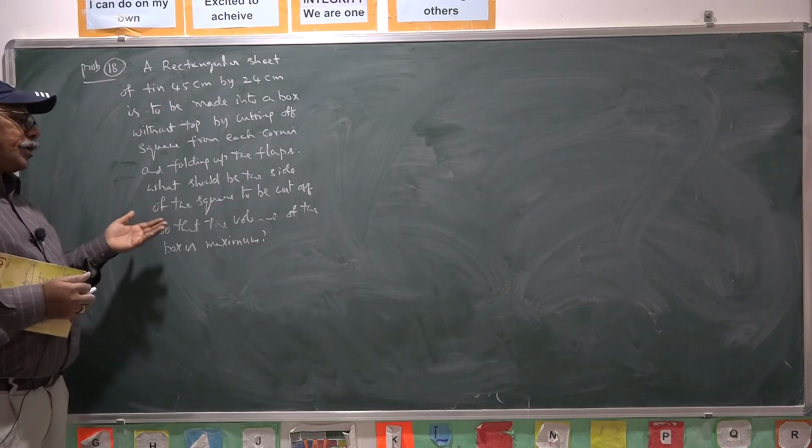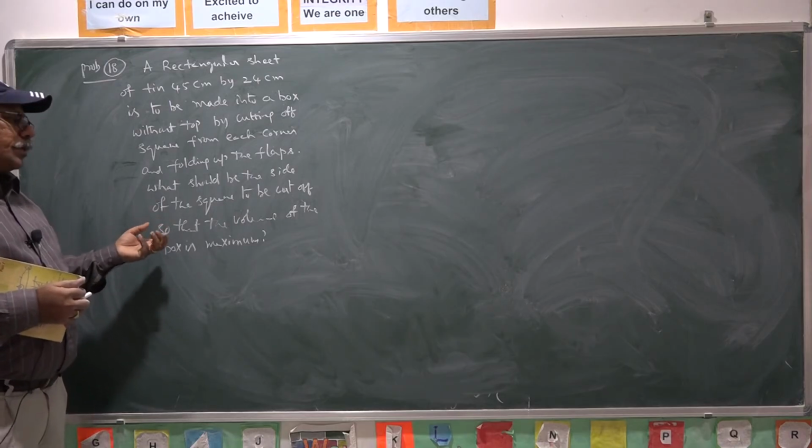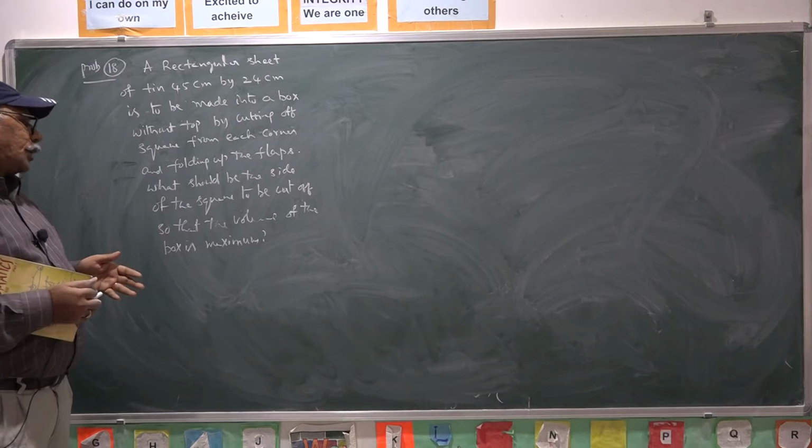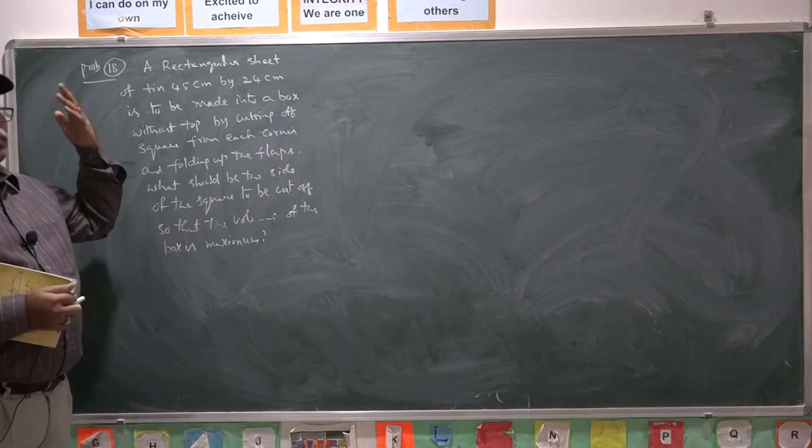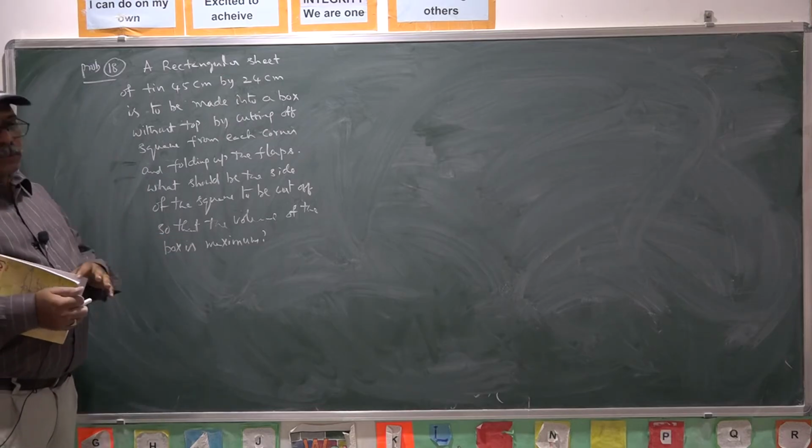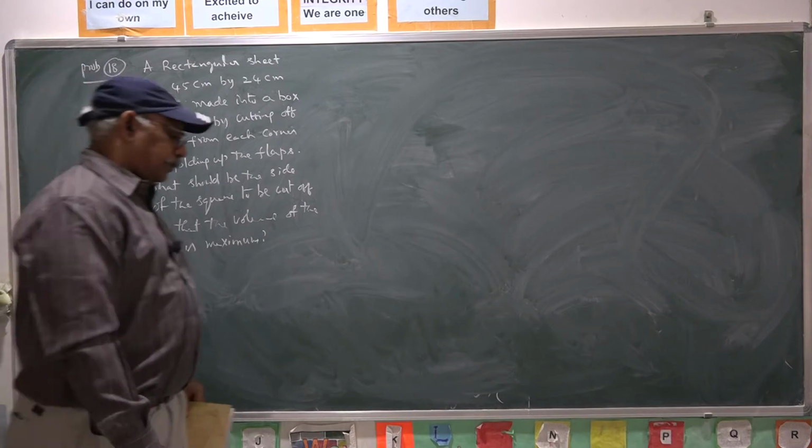Now what should be the side of the square piece that was cut off from the corner so that the volume of the box is maximum? That is the problem here.